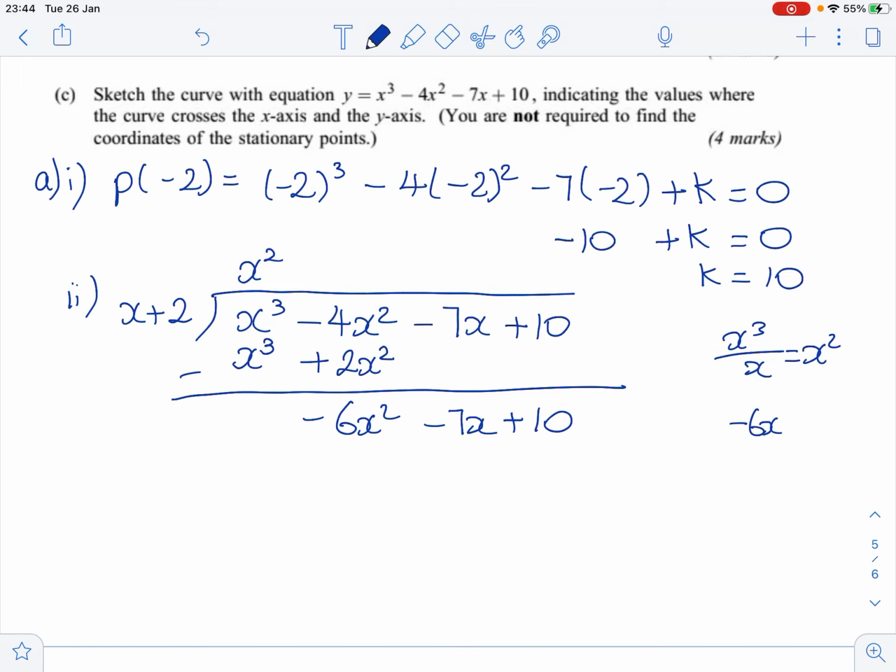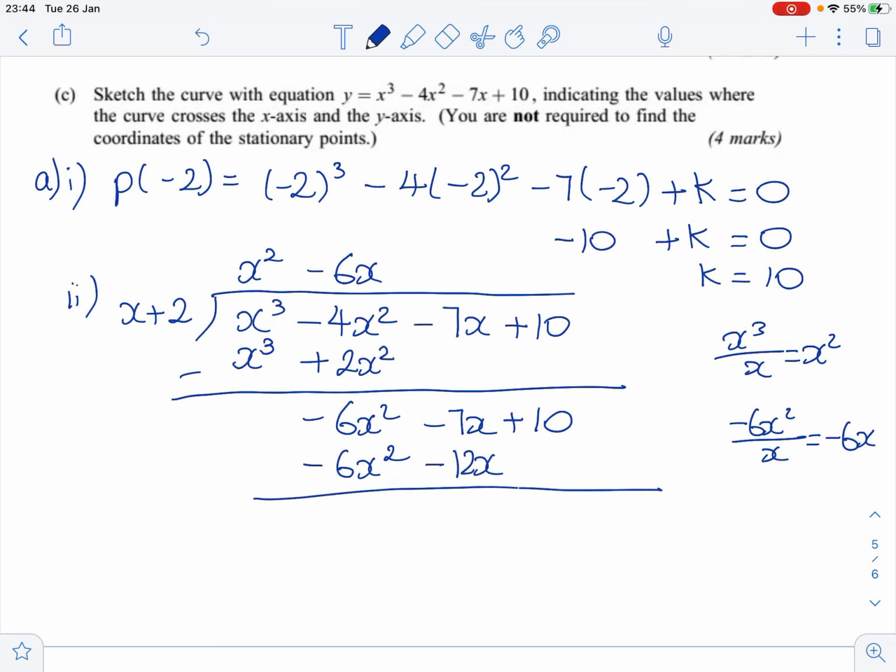We have minus 6x squared divided by x, so it equals minus 6x. Then minus 6x multiplied by x is minus 6x squared. Then plus 2 multiplied by minus 6x is minus 12x. Then we're going to subtract again.